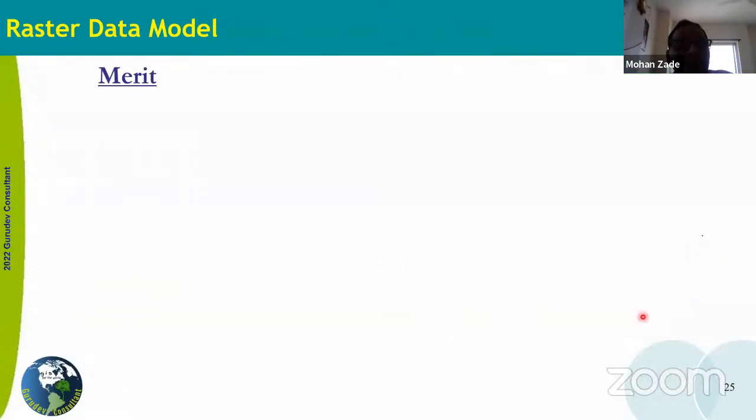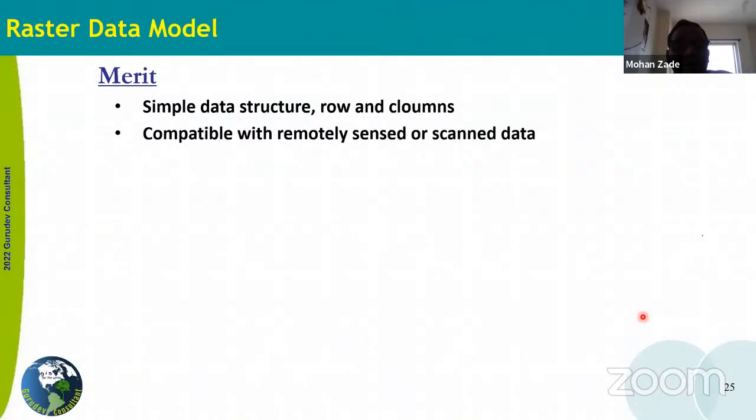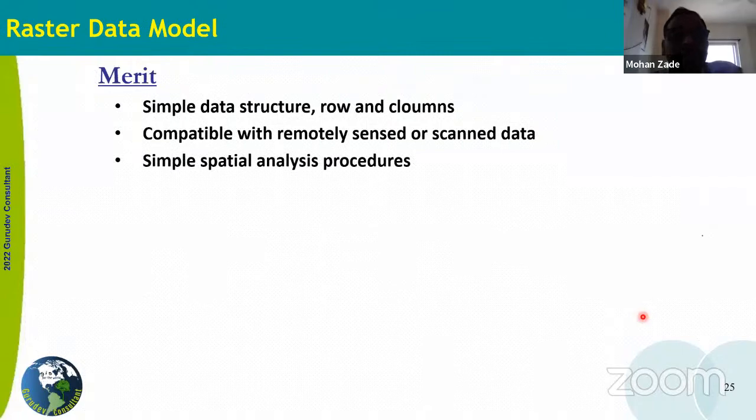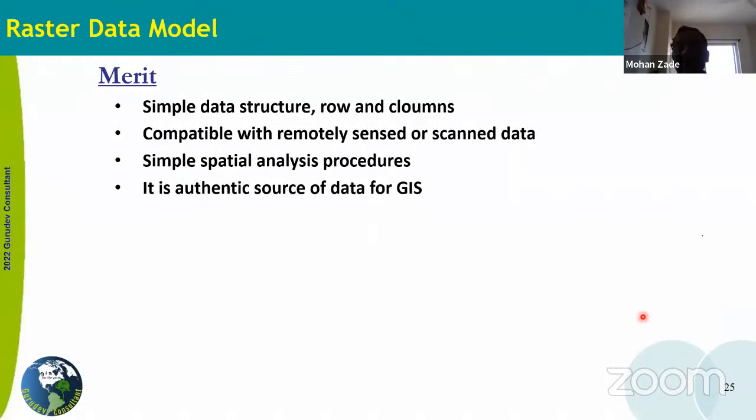And likewise. There are also many demerits and merits of raster data. It is a simple data structure of rows and columns, and it is compatible with remote sensing and scanned images. Spatial analysis is very simple with it, and you can model continuous phenomena like climate change modelings or hydrological modelings.